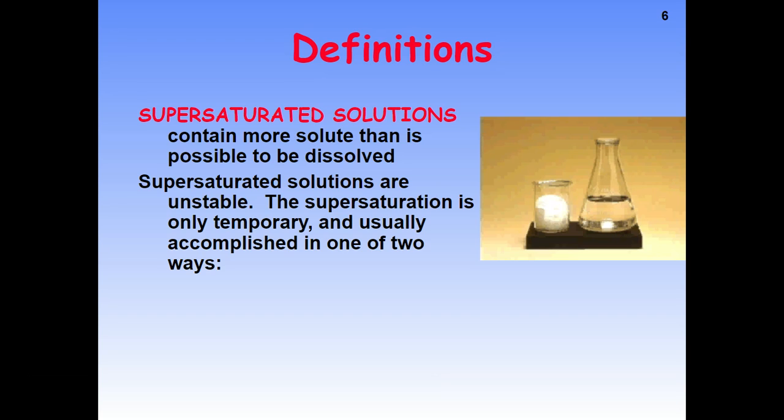To make a supersaturated solution, a saturated solution is formed at a high temperature and then cooled slowly. The slow cooling allows for the excess solute to remain dissolved in the solution at lower temperatures.